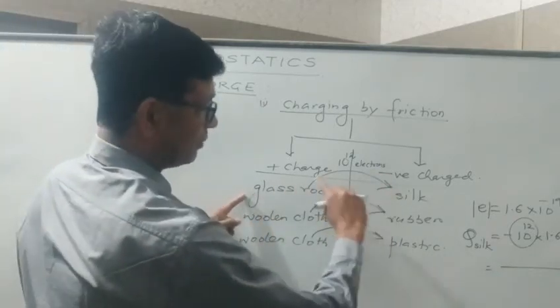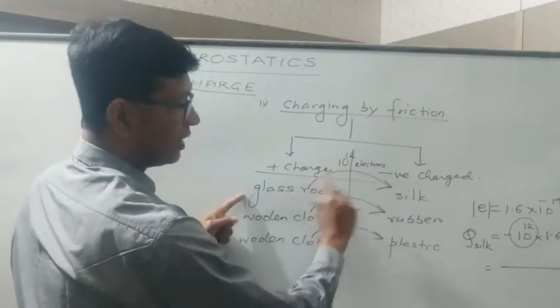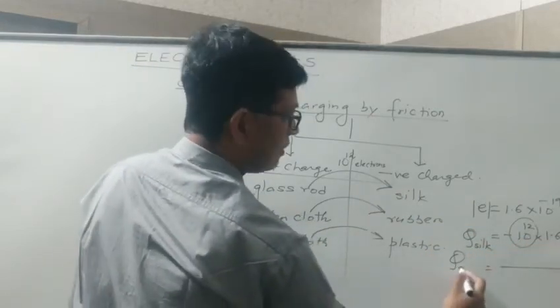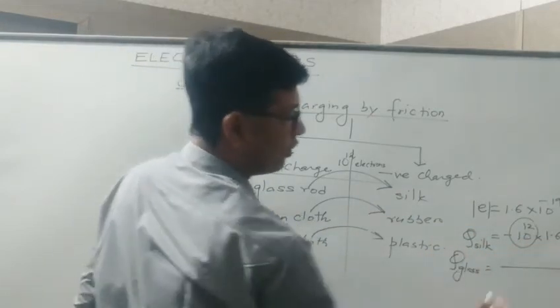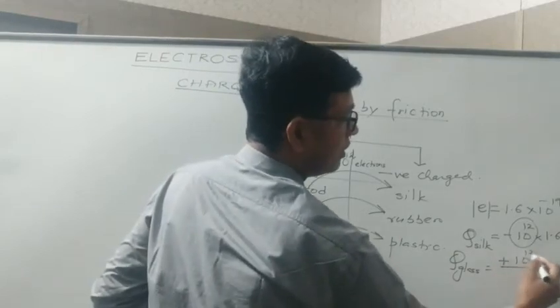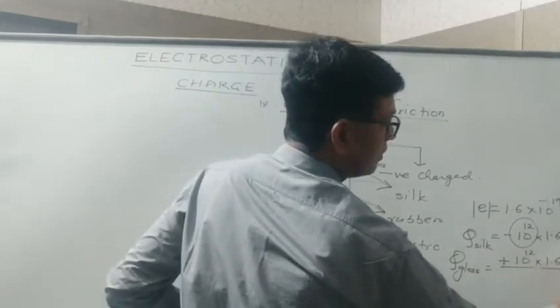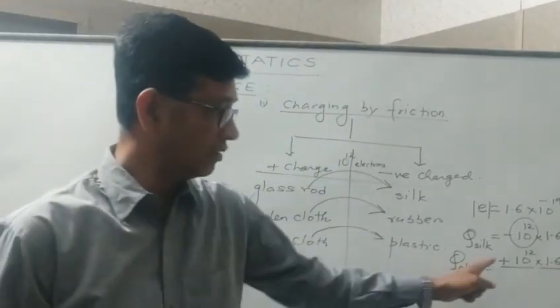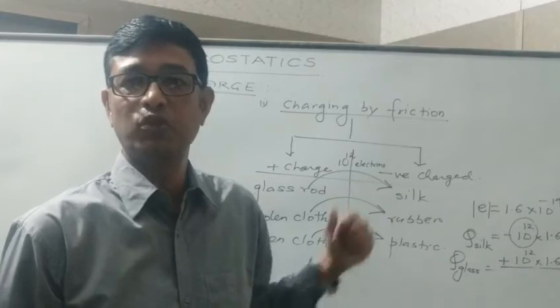In this case, suppose 10 to the 12 electrons get transferred from glass rod to silk. The silk will acquire this much negative charge, while glass will acquire a net charge of 10 raised to power 12 into 1.6 into 10 to the minus 19, and positive. So both will acquire equal and opposite charge.